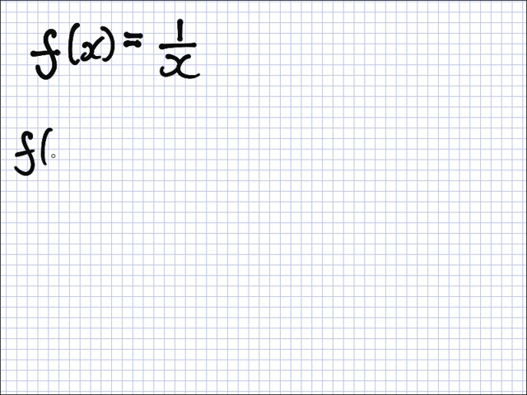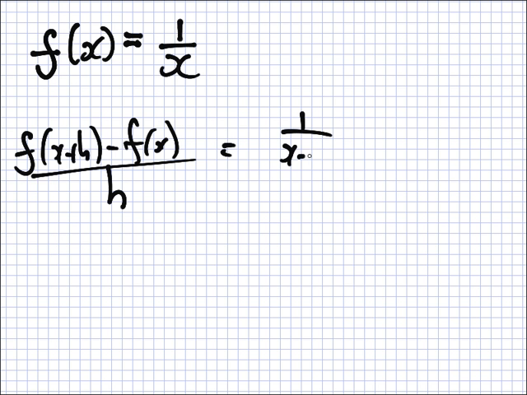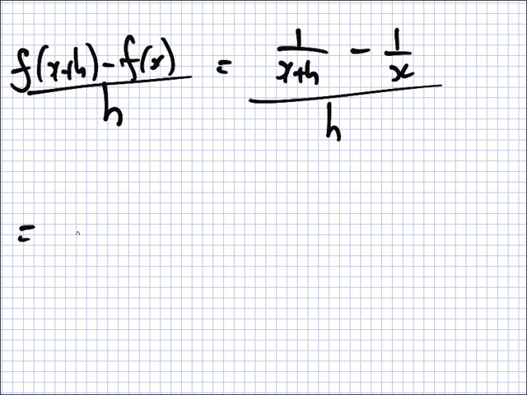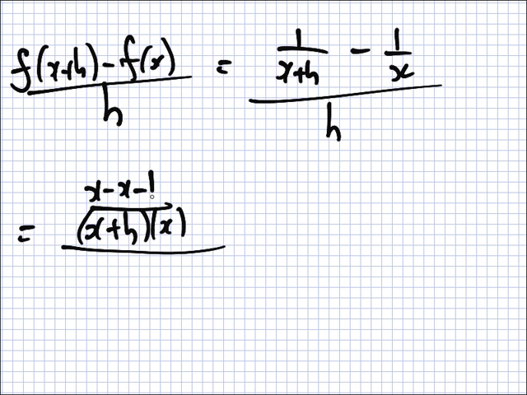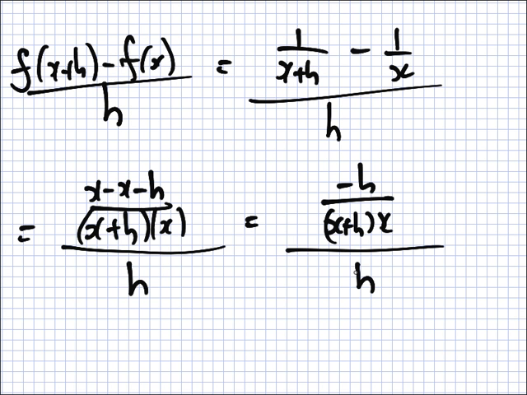So, according to the formula, (f(x + h) minus f(x)) over h is equal to (1 over (x + h) minus 1 over x) all over h. Good. On the top we can add together. That'll be x minus (x + h), over (x + h) times x, all over h. So on the top you get minus h over (x + h) times x, all over h.